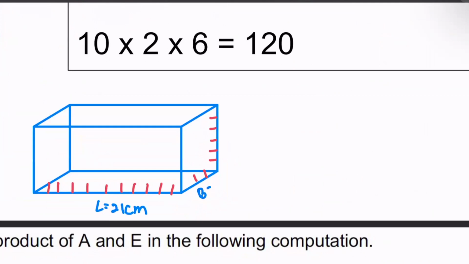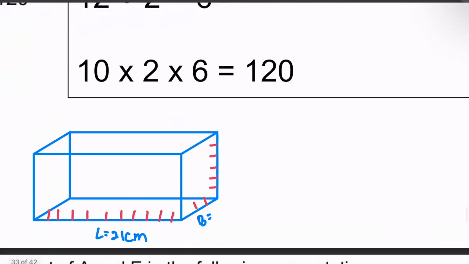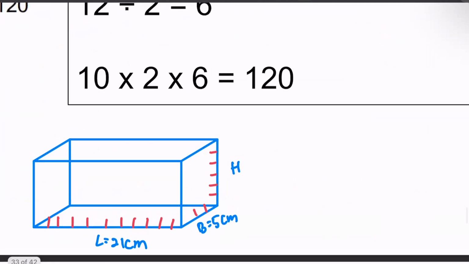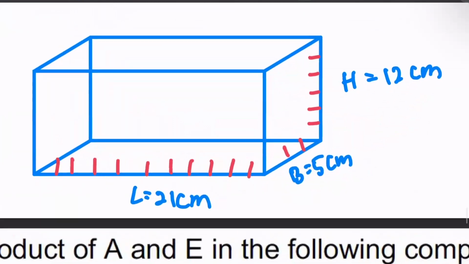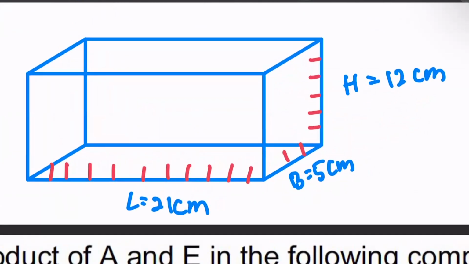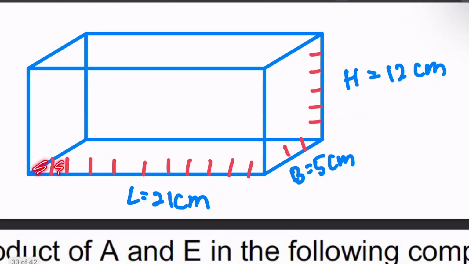Breadth is 5 cm. Height is 12 cm. So if you cannot visualize, go ahead and draw. Imagine these here are 2 cm blocks. So I draw 2 cm, 2 cm, 2 cm, 2, 2, 2, 2, 2.